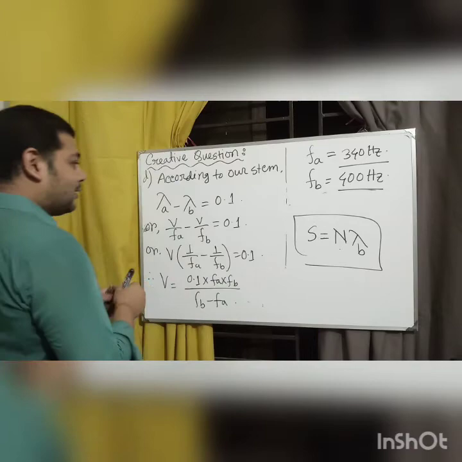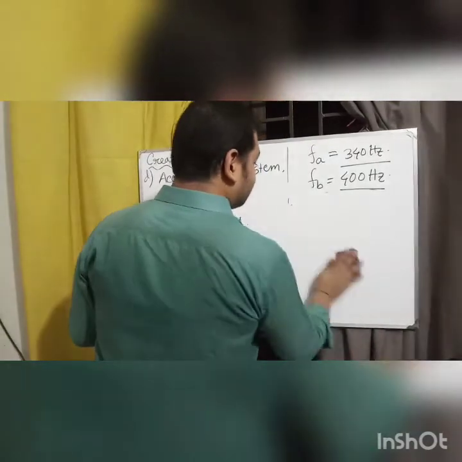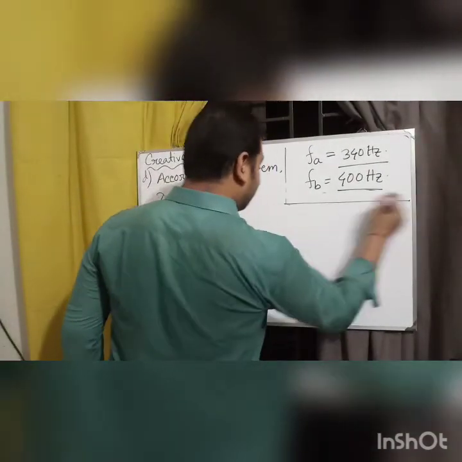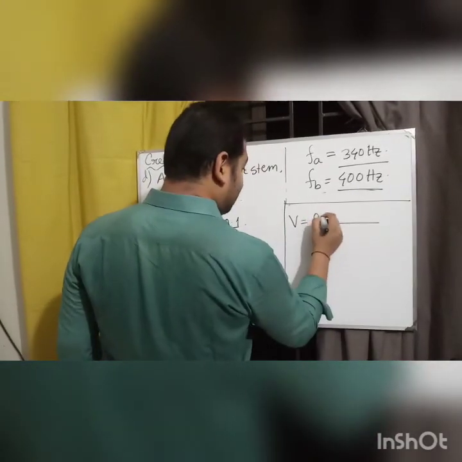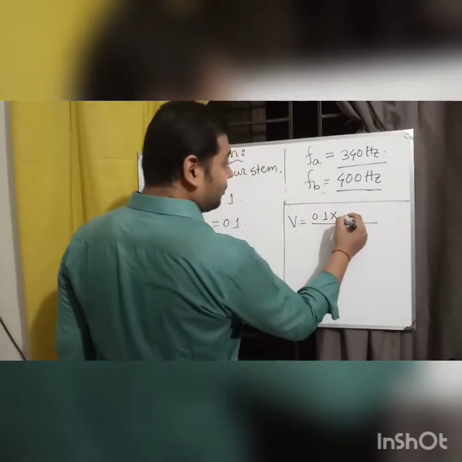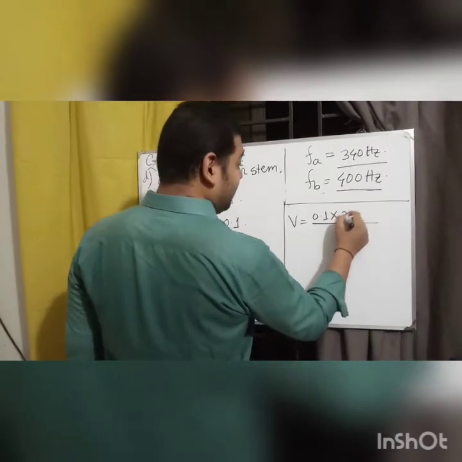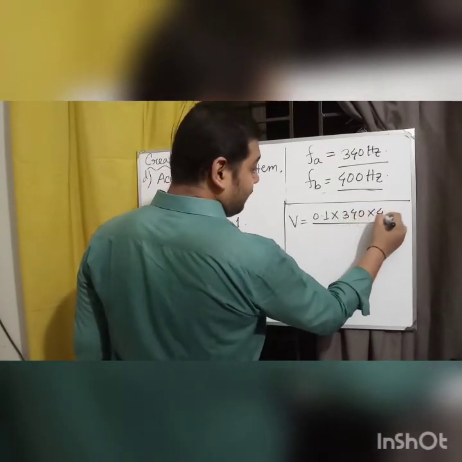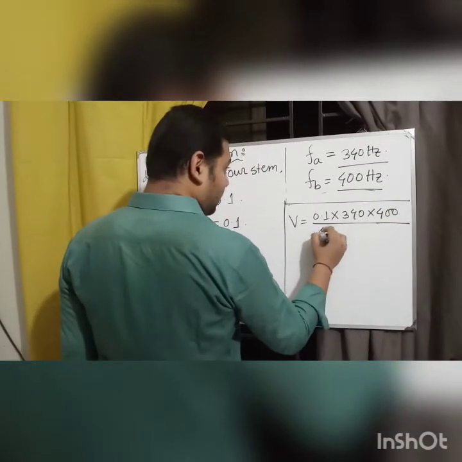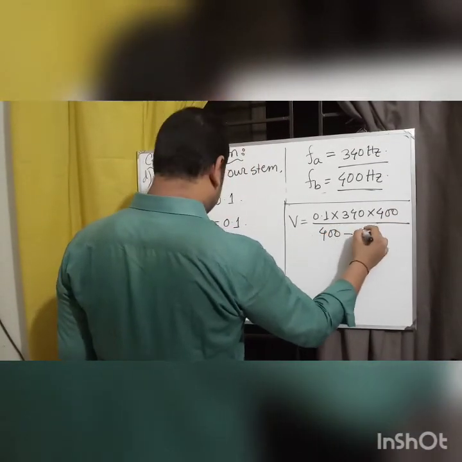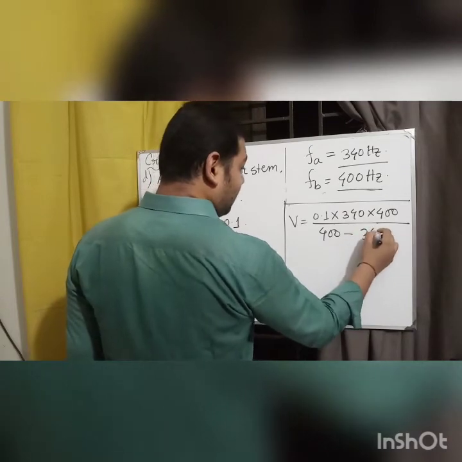Okay, so we can write V equal to 0.1 into, for FA 340 Hertz and 400 Hertz, and therefore 400 minus 340.